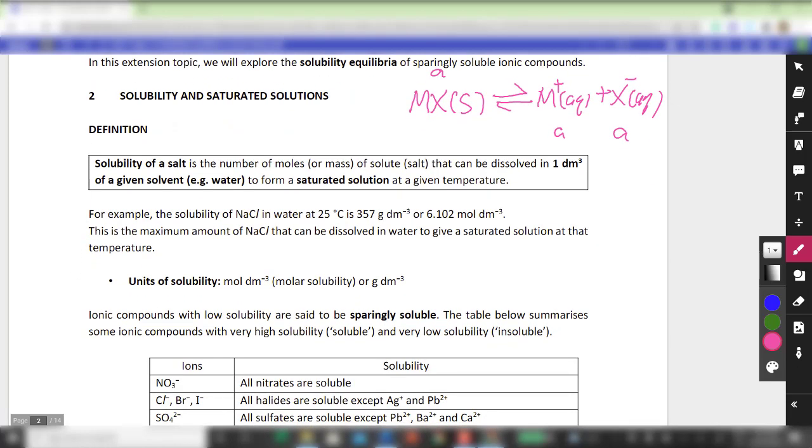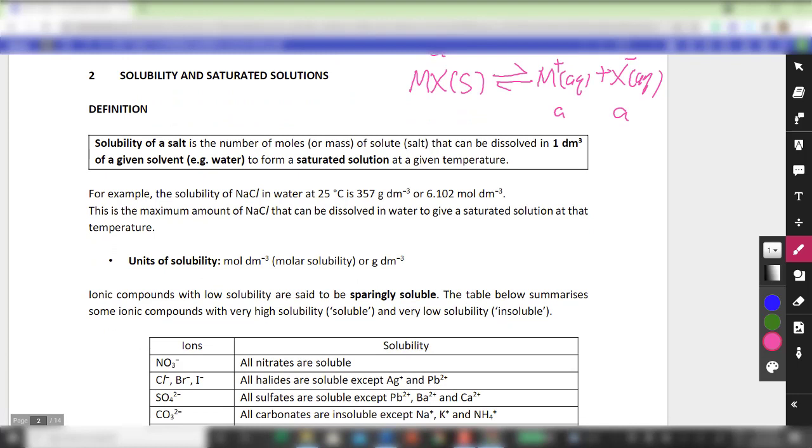So first of all, we need to introduce you to the terms solubility and saturated solution. We have to be aware that the solubility of a salt is determined by the amount of the solute that can be dissolved in 1 dm cube of a given solvent. Usually the given solvent is water.